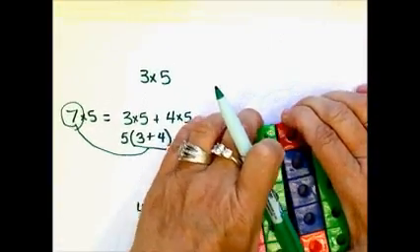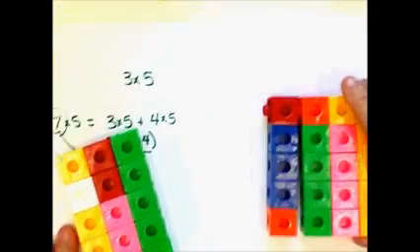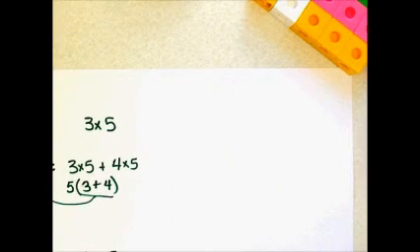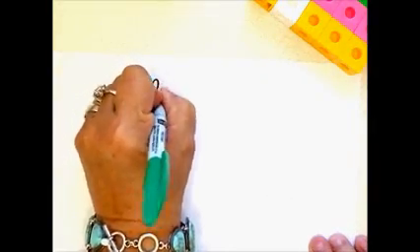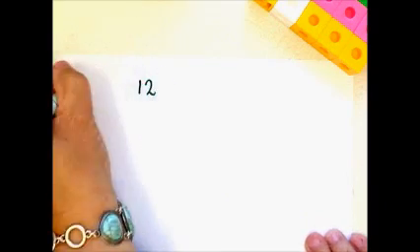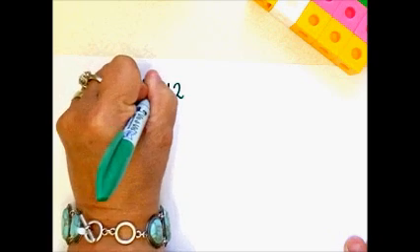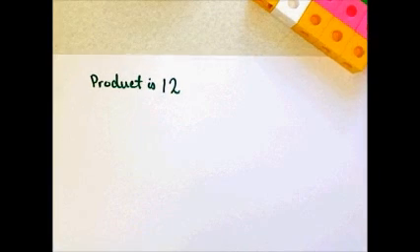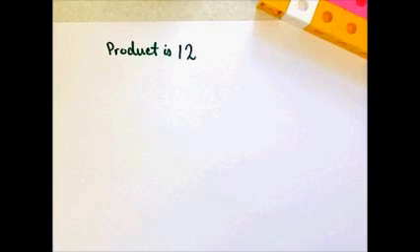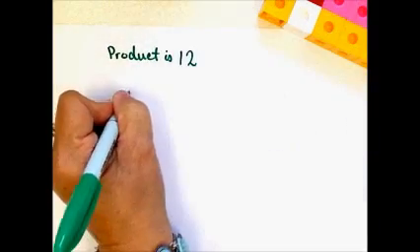Now, another thing that I like to do is think about factors of a number in general. And when children start looking at facts, for example, whose product is 12, something times something equals 12.